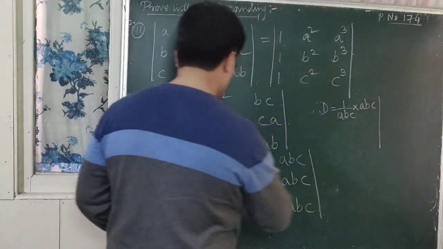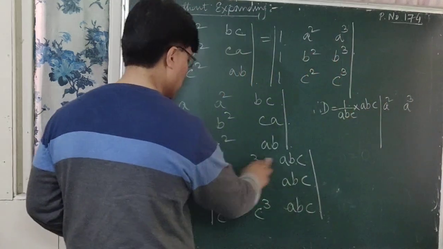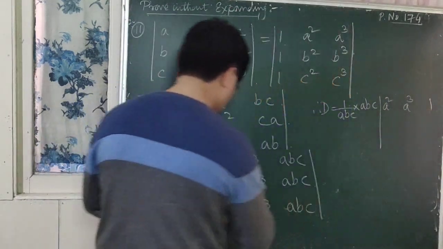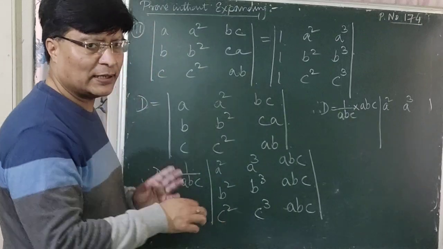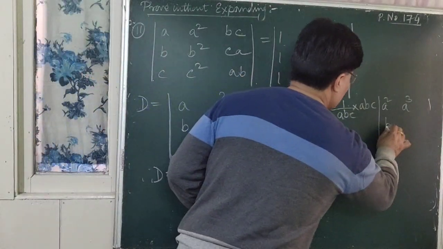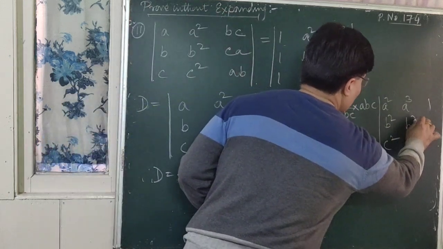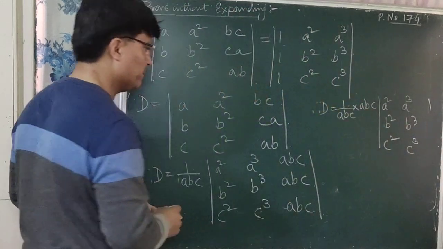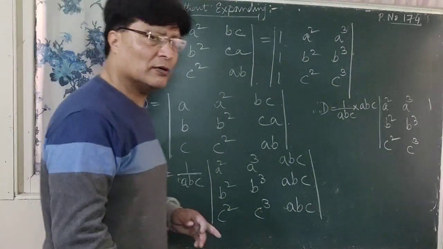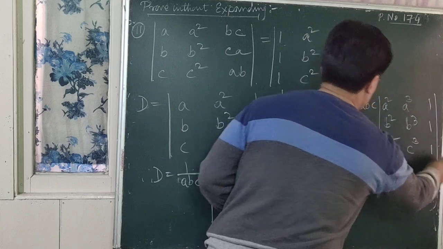Now what is the first column out here? A square, a cube, and this is 1. The first column and second column remain the same. A square, b square, c square, and this is a cube, b cube, c cube, and this third column changes. That means it will be 1, 1, 1.